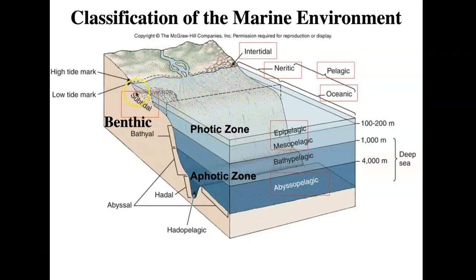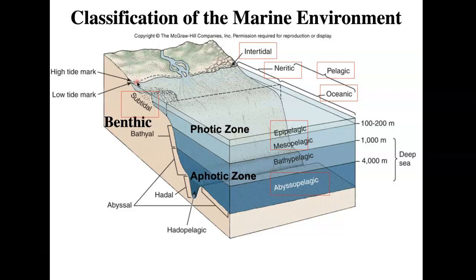And we'll talk a little bit more about this. We've got what's called the intertidal zone over the continental shelf, and we've got the subtidal. The intertidal zone is this little band right here, and we'll talk a lot about intertidal zones coming up. Intertidal zones are things that are covered by water for part of the day and then exposed to air.